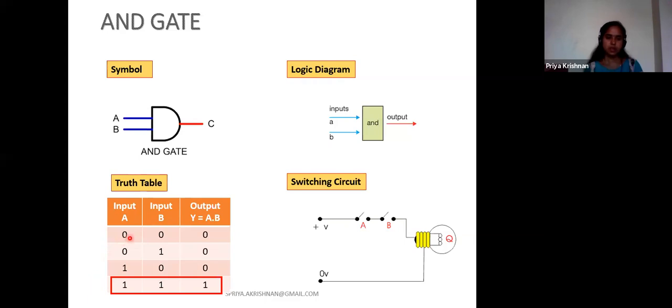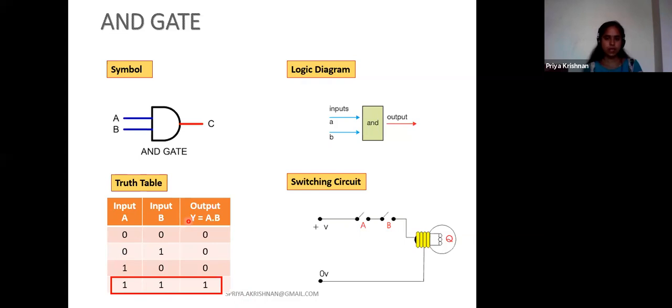Here I take both inputs as 0 and 0. In the next case this is 0, this is 1. Then this is 1, but this is 0. And both are 1, 1.